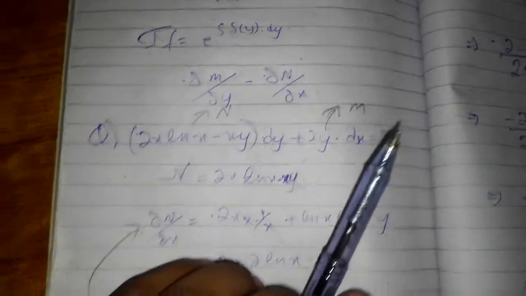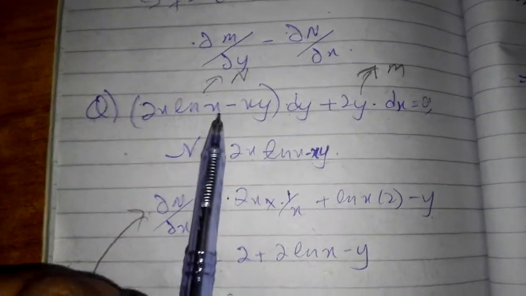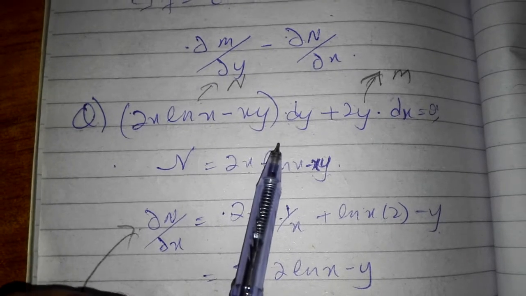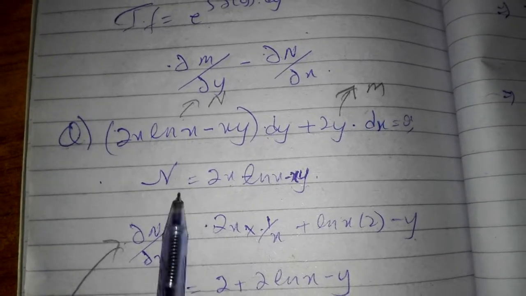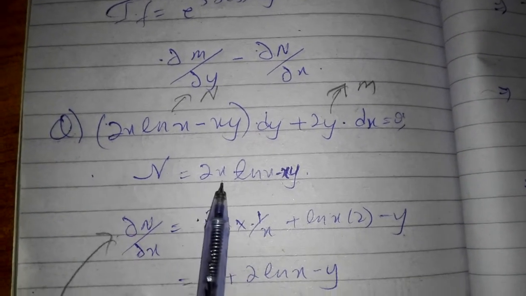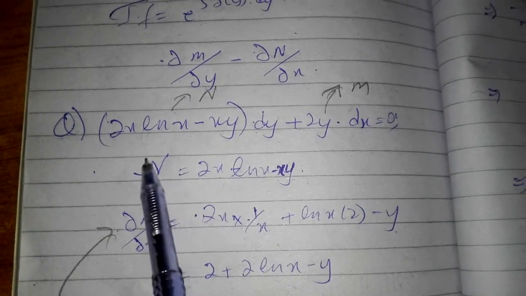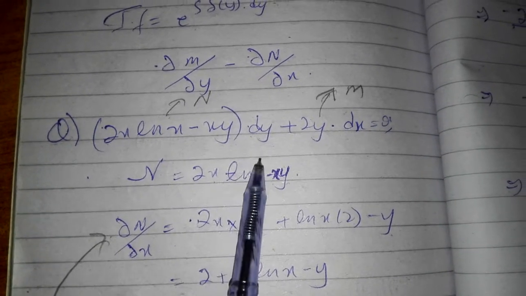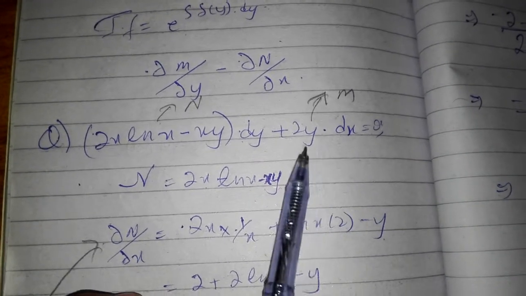Here we look at an example: (2x ln x − xy) dy + 2y dx = 0. As we know, N is equal to 2x ln x − xy, as N is considered with the part having dy and M with the part having dx.